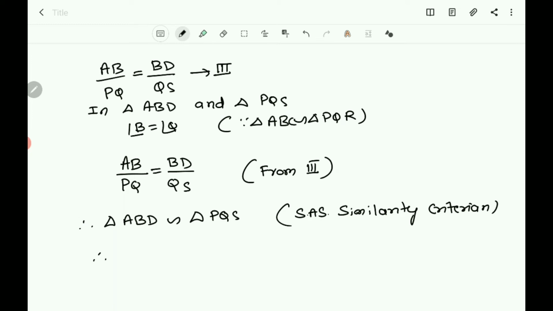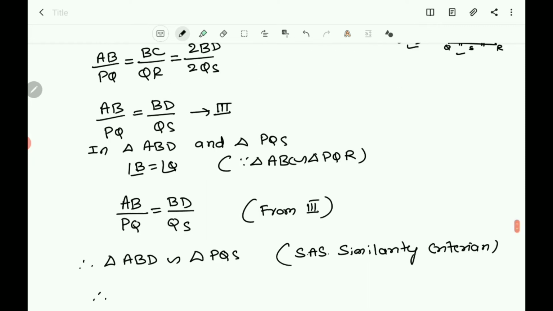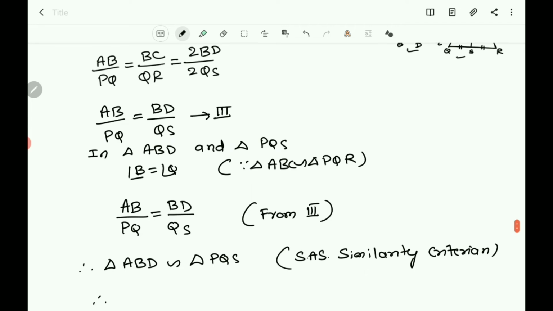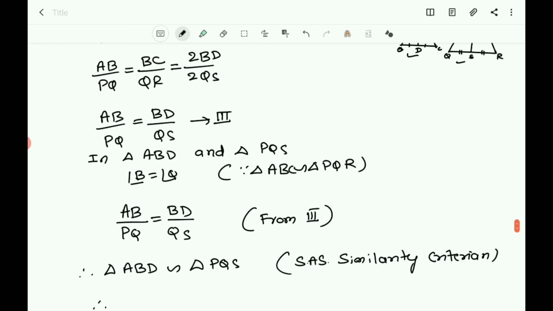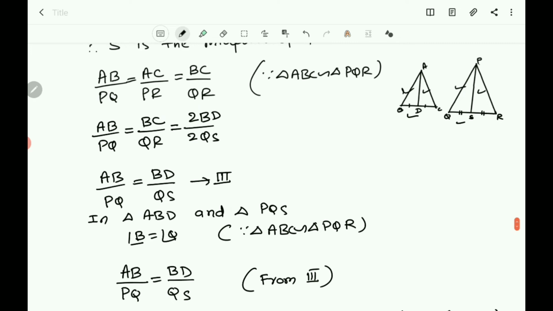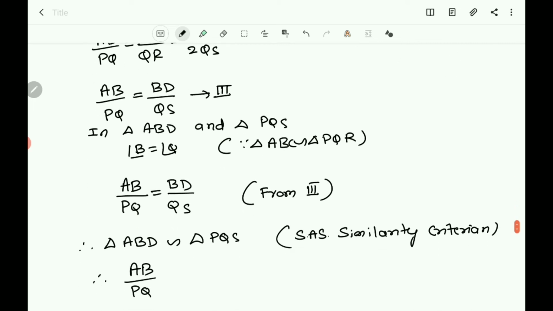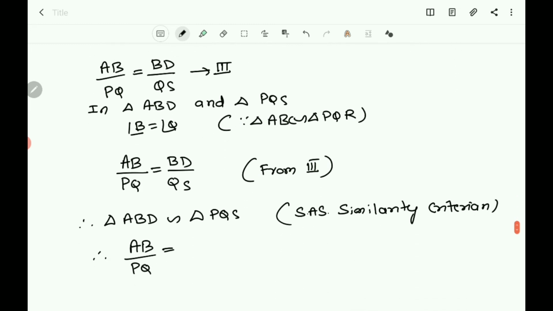Therefore, AB by PQ is equal to BD by QS and also AD by PS. Therefore, AB by PQ is equal to AD by PS.